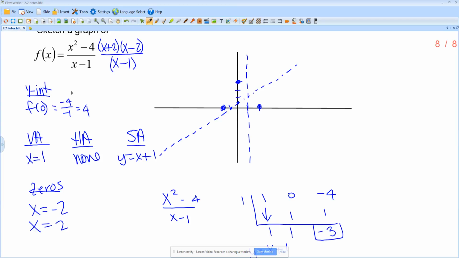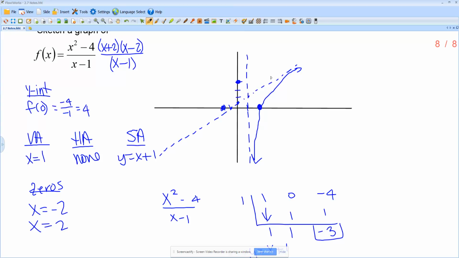So I've done my y-intercept, done my vertical and slant asymptote, done my zeros. Step 5 would be to use sort of sign analysis or substitute in some values to figure out where the function is. But I know because of this x-intercept, the function must be right here.